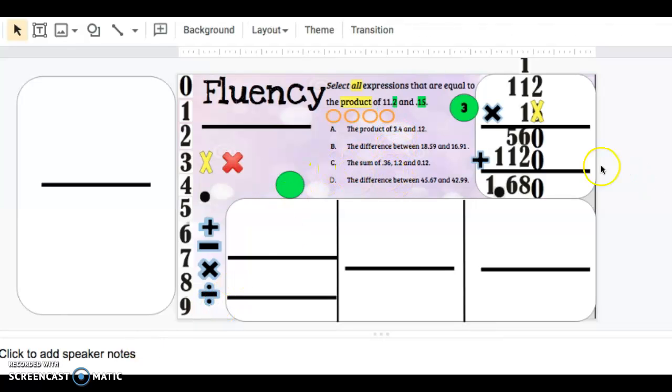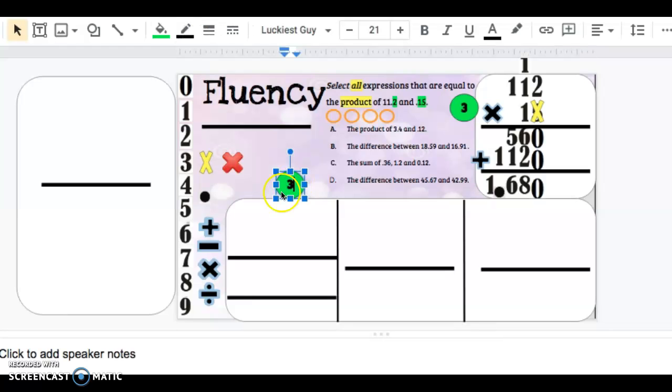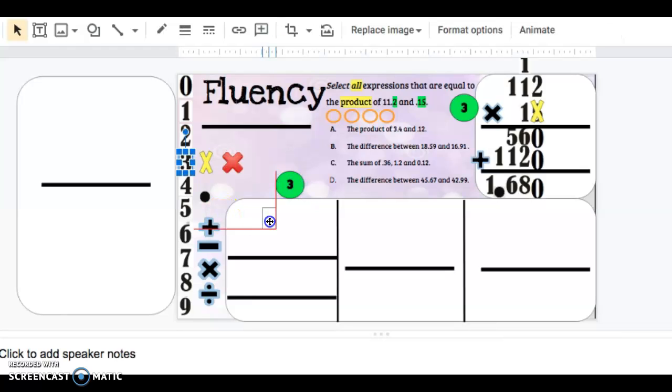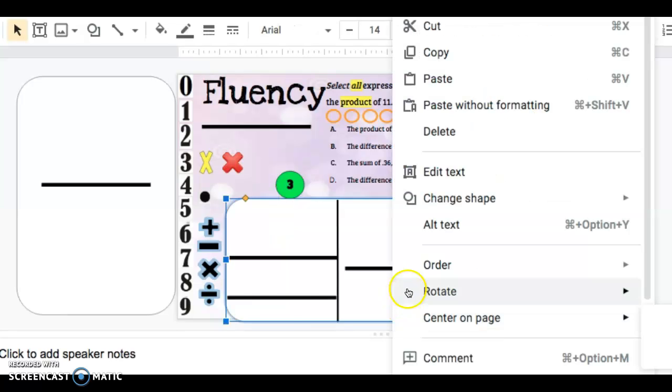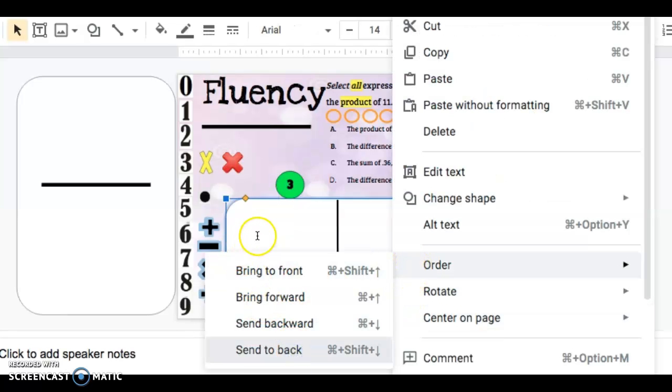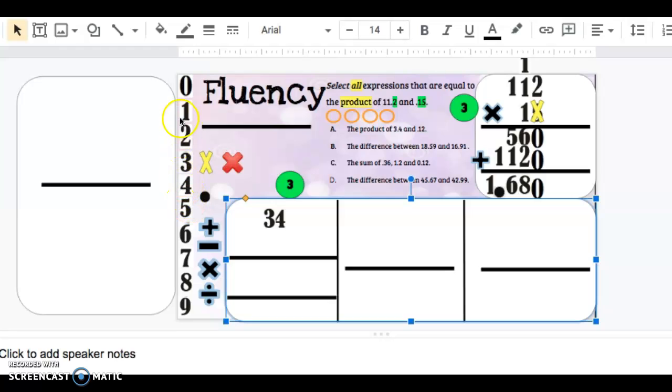Okay, so the first one says the product of 3 and 4/10 and 12/100. So again, count how many numbers are behind the decimal. I got a 4, a 1, and a 2. So that's 3 numbers. So I'm going to be moving that decimal 3 times. So I have 34, and then I have 12.